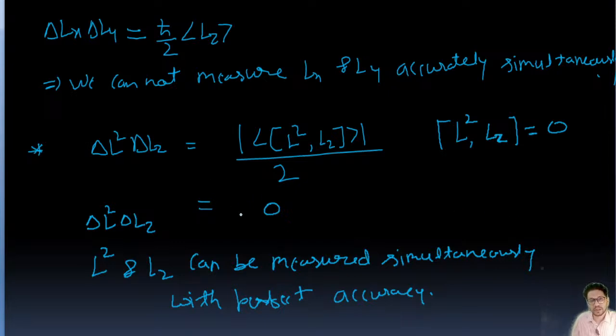So this is about the uncertainty principle for L square and Lz, angular momentum. Next point. These are very important points I'm writing so that you can easily solve questions.